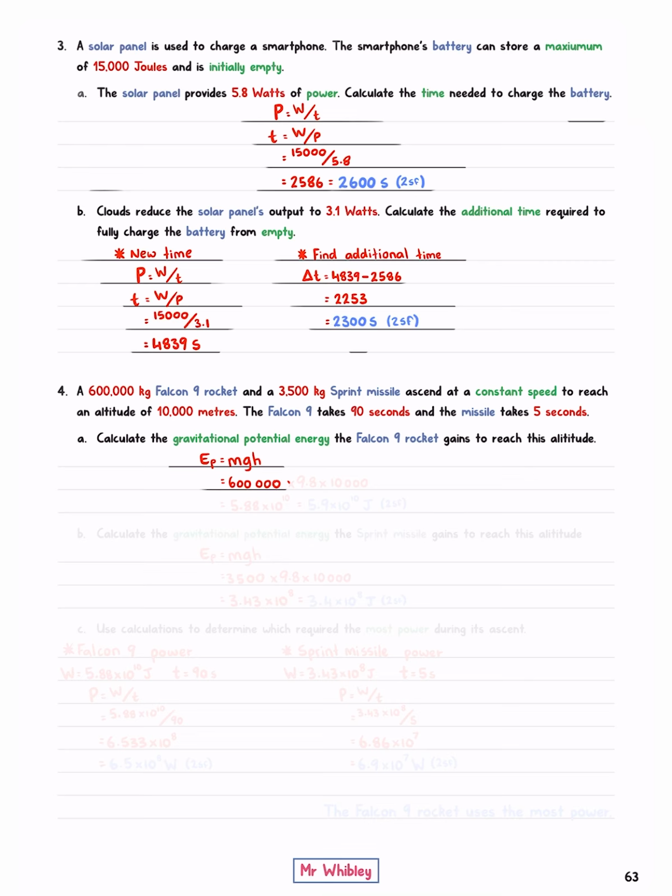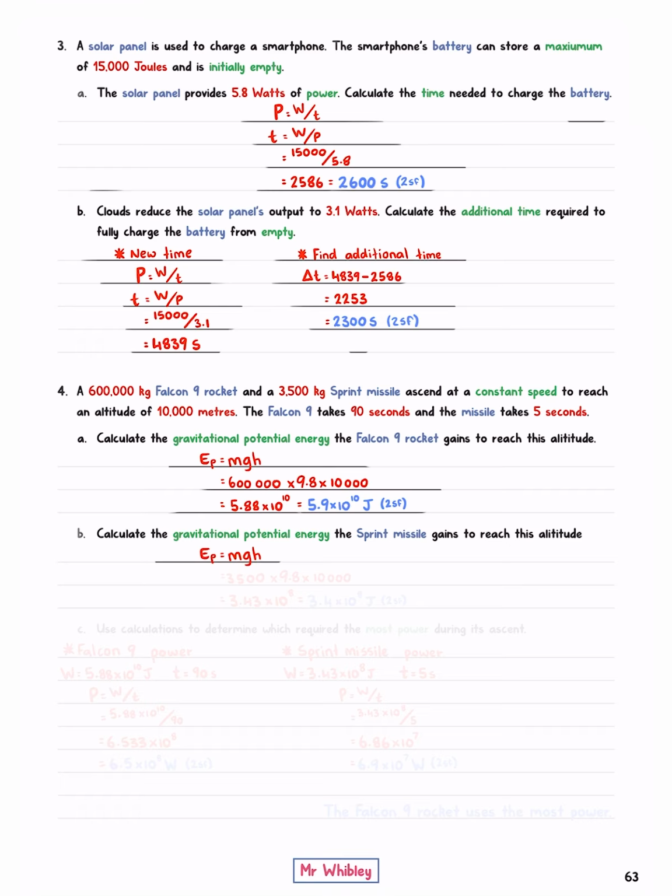We know the mass, we know the acceleration due to gravity, and we know the height, which gives me 5.88 times 10 to the 10 or 5.9 times 10 to the 10 joules to two significant figures. Calculate the gravitational potential energy the Sprint missile gains to reach this altitude. Repeating the process, but with the mass of the Sprint missile, gives me 3.43 times 10 to the 8 or 3.4 times 10 to the 8 joules to two significant figures.